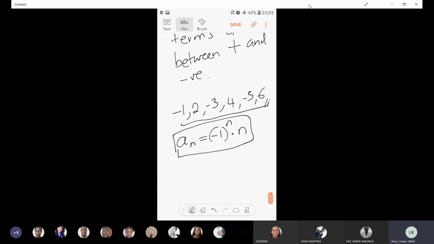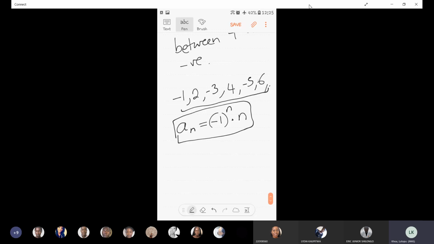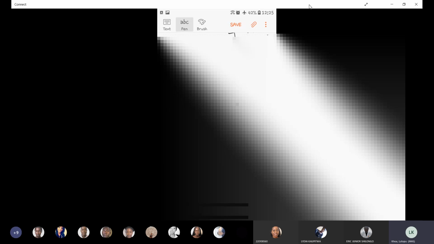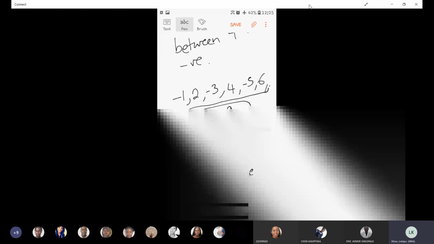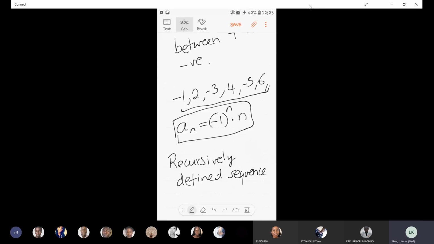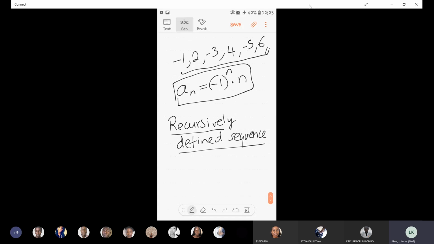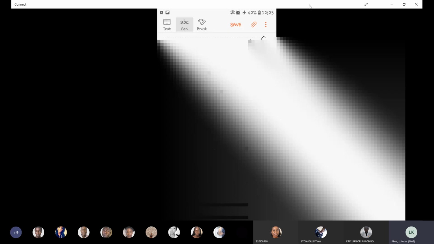And then we have what we call the recursively defined sequence. This is what we were doing at the beginning when I asked you, if you know the first term, how do you get the next one?